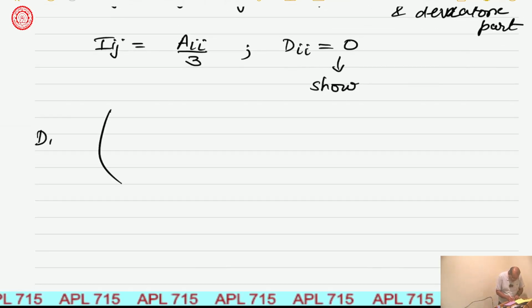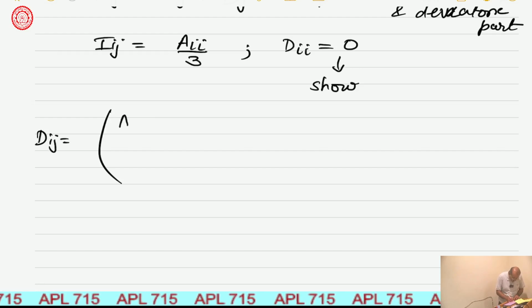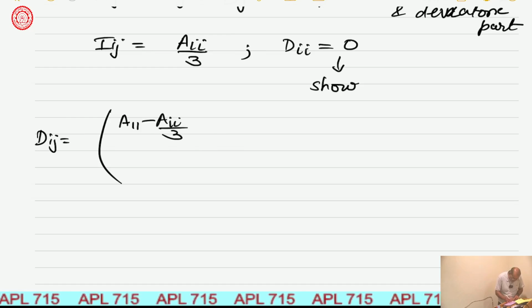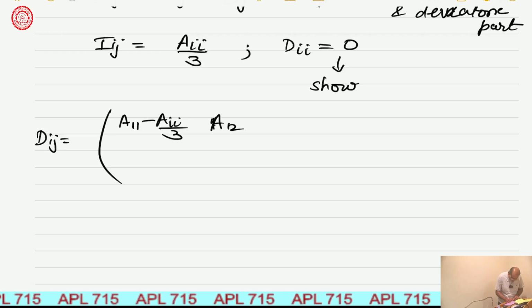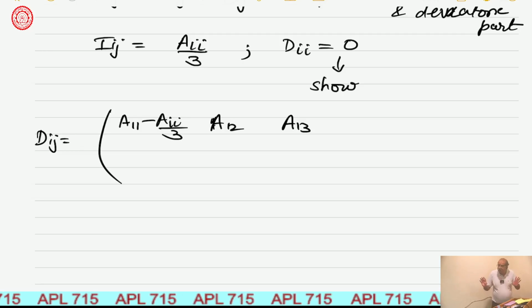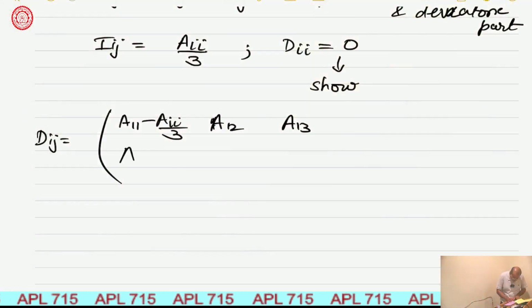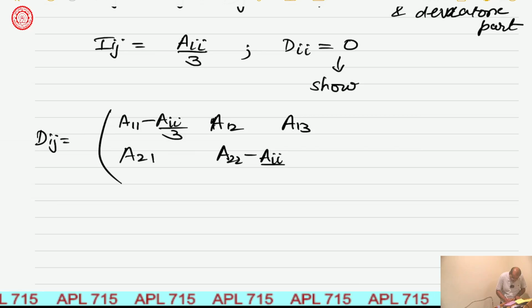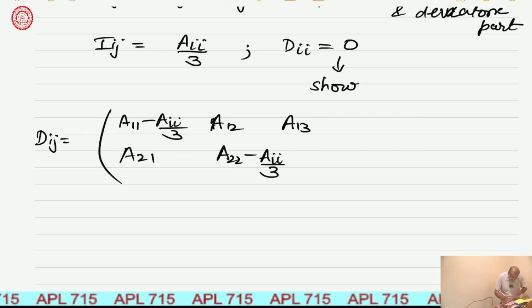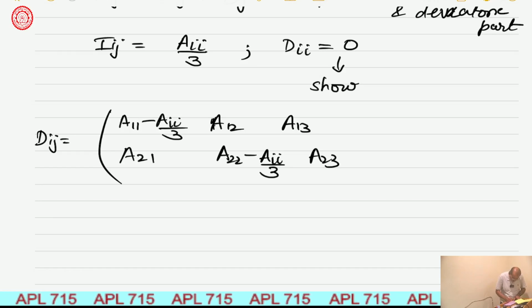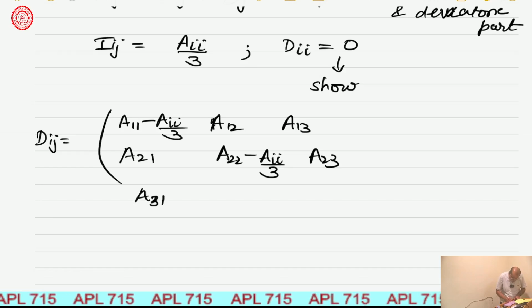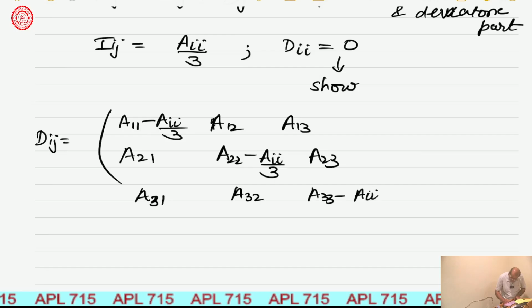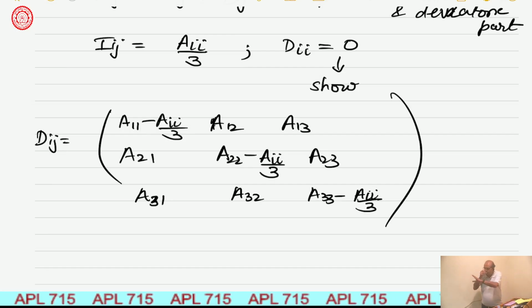So d_ij will be equal to A_ij minus A_kk by 3 delta_ij. Now here A is a general tensor. I have not assumed that it is symmetric or anti-symmetric. अभी एक मिनट, अभी तो मैं dij लिख रहा हूँ, ये तो आई है ना, तो आई तो मैट्रिक्स होगी. So this is d_ij.